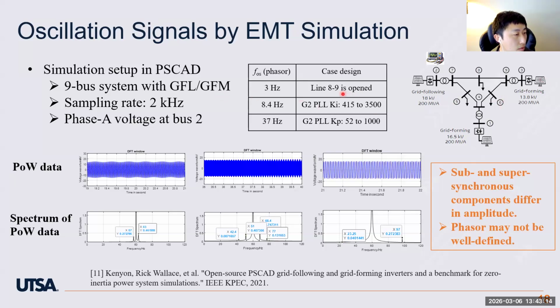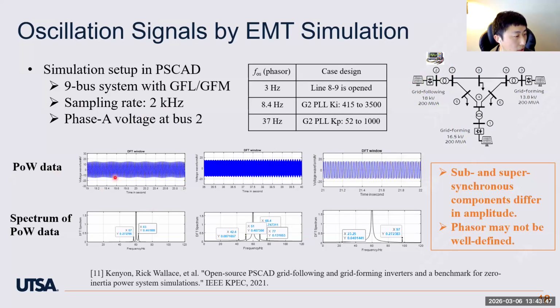We simulate 3 cases. The first one, we trip the line to excite a low frequency oscillation. In the second and third cases, we intentionally increased the PLL gains to generate some high frequency oscillations. We use a 2 kilohertz sampling rate to collect the phase A voltage waveforms from bus 2 right here.